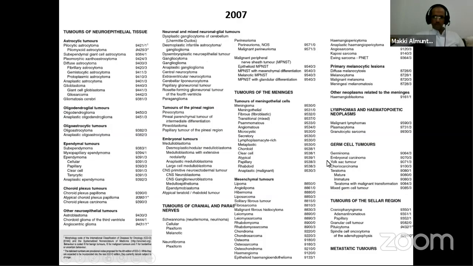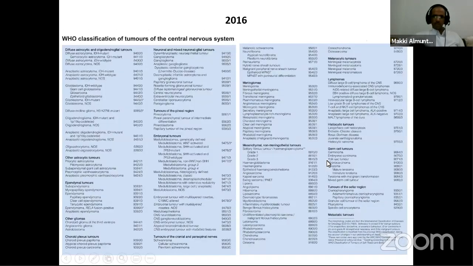This is the 2007, and in 2016, the molecular features of the tumor and genetic background were included. And it was classified as diffuse astrocytic and oligodendroglial tumors with some modifications in this category.